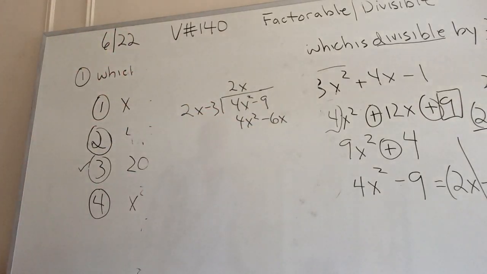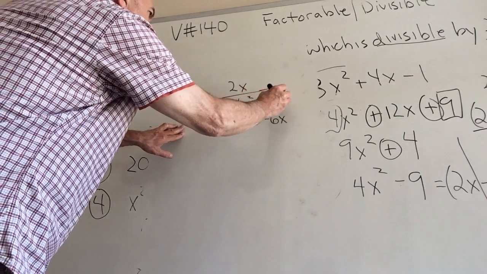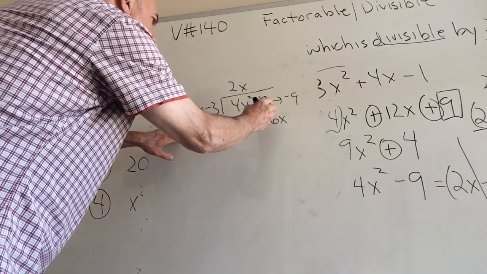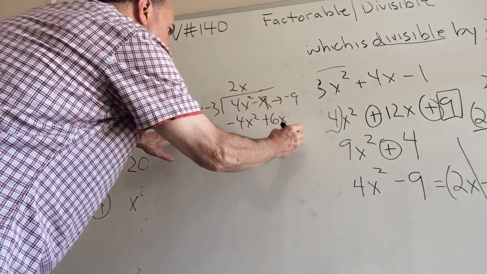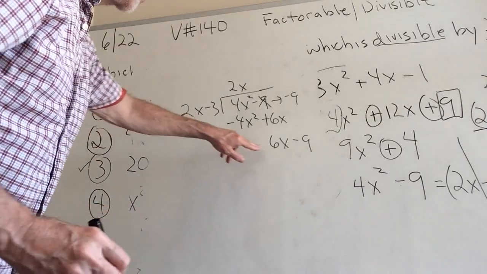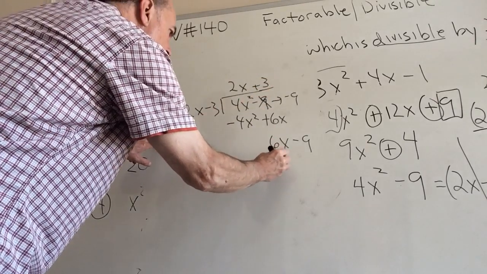Now here you've got to be careful. These are not like terms. So this might want to shuffle over here a little bit. And now when you subtract, you get 6x minus 9. Okay? But then 2x goes into 6x 3 times. And we get our desired result.